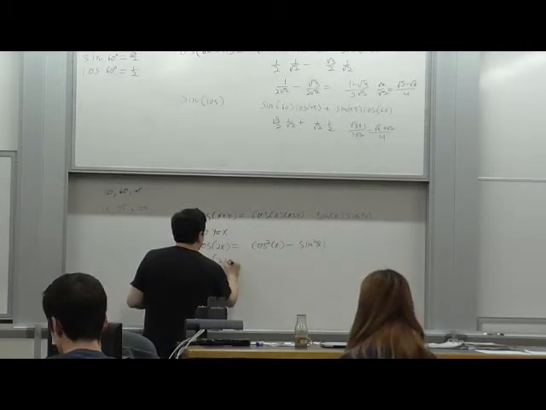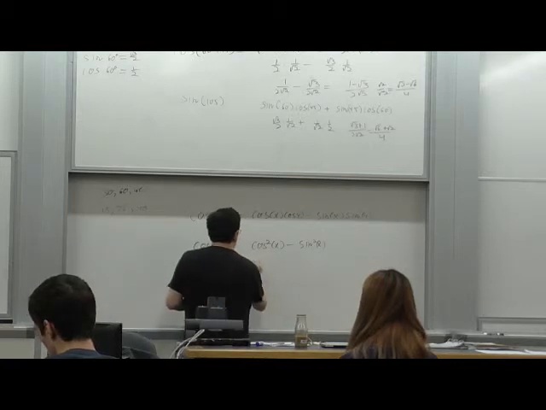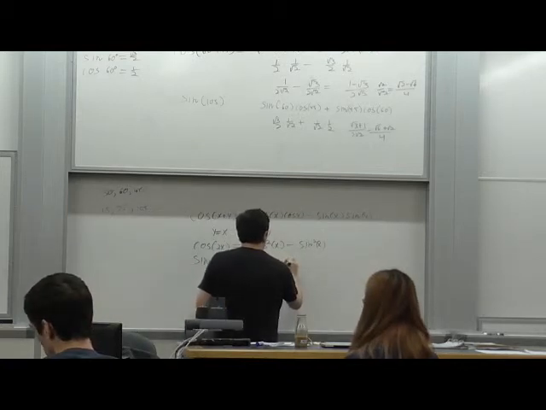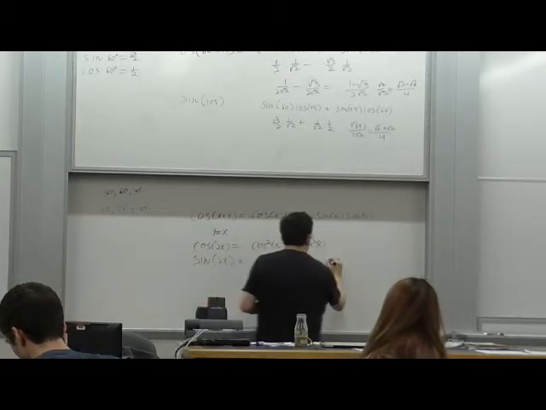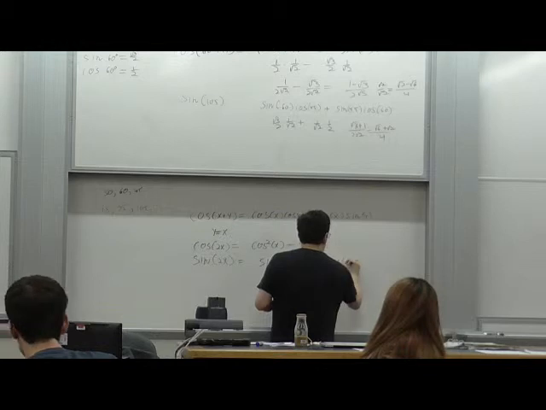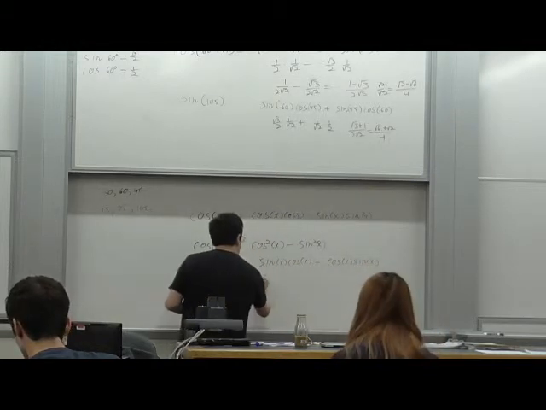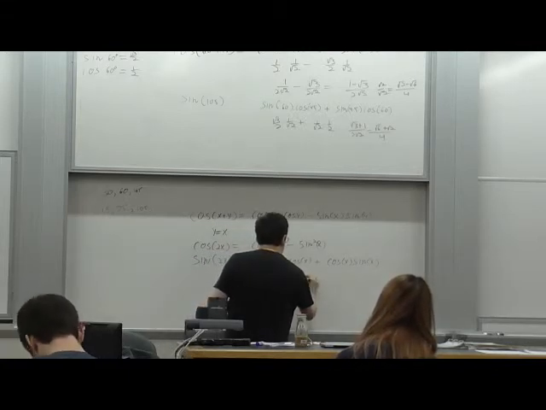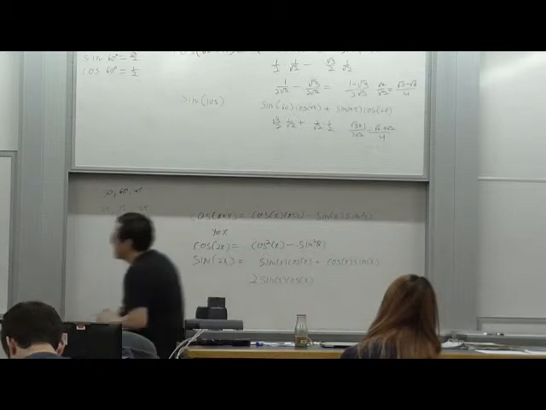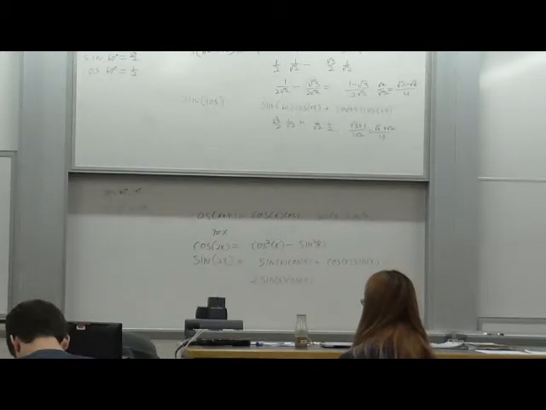Sine of 2x. Well, that's just going to be sine of x cosine of x plus cosine of x sine of x. Oh, that's just 2 sine x cosine of x. So that's a nice, useful formula.